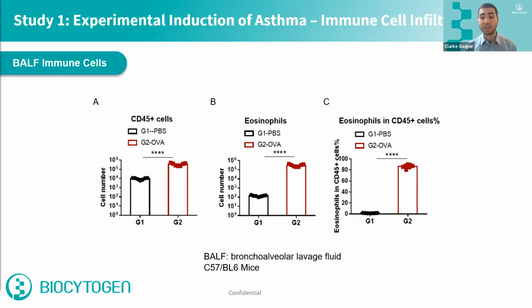To confirm the induction of asthma-like phenotypes, immune cells were quantified in the bronchioalveolar lavage fluid, abbreviated BALF. These assessments reveal a significant increase in the numbers of CD45 positive cells and eosinophils in the asthma-induced mice, which is shown in red compared to the control group in black.